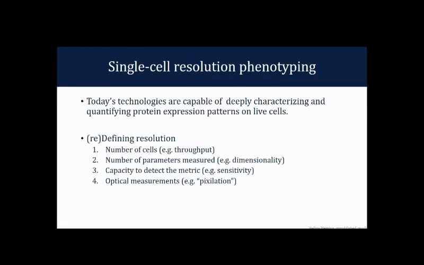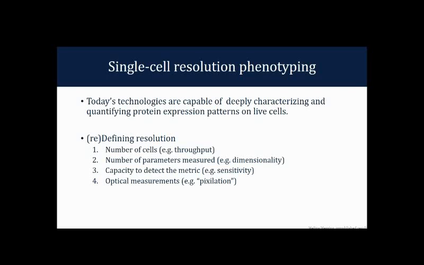Okay, so in framing the context of mass cytometry, I think it's important to look at how today's technologies are approaching scientific problems, specifically when characterizing and quantifying protein expression on live cells.